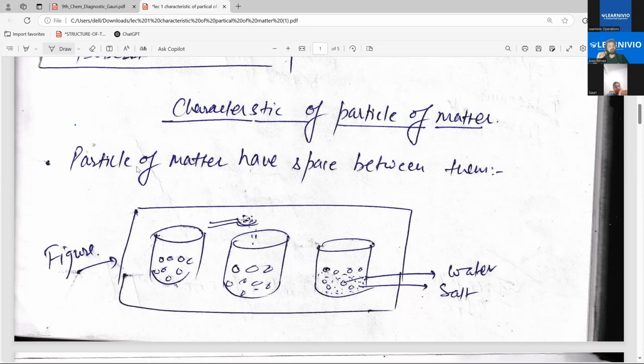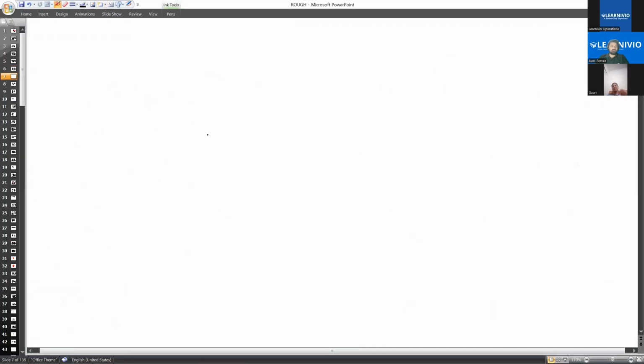No. For example, if you have a beaker and you take 100 ml of water inside it, marked with 100 ml, and then you add some sugar to it, two or three tablespoons of sugar.